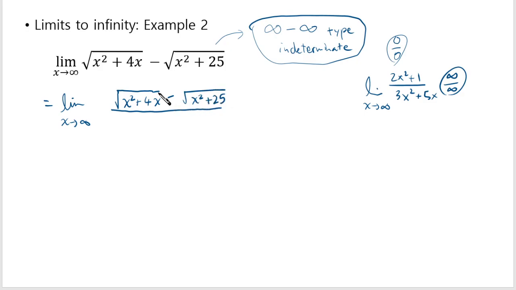We first think about this entire thing as this over 1. So now you can multiply by the conjugate, so you take the sign between them and flip it.